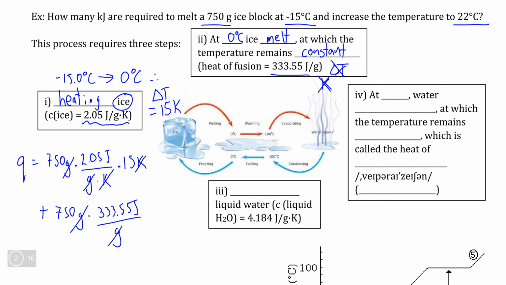And right now, if we add these two totals together, what we have got is the amount of heat required to increase the temperature of ice to 0 degrees and then melt the ice.